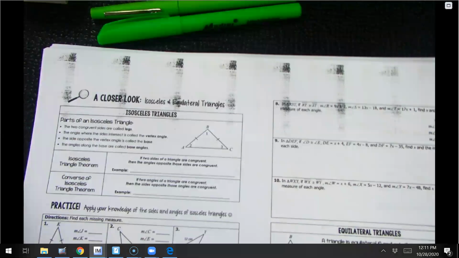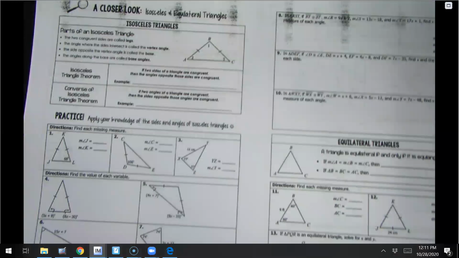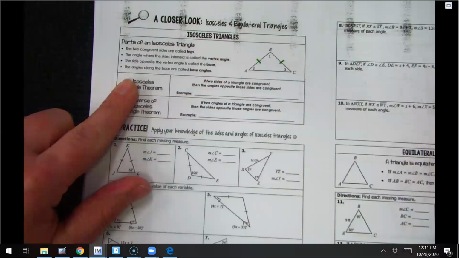Okay, today we're going to be working on isosceles and equilateral triangles. All right, isosceles triangles. An isosceles triangle has 2 congruent sides. They show that with the hash marks. They are called legs.